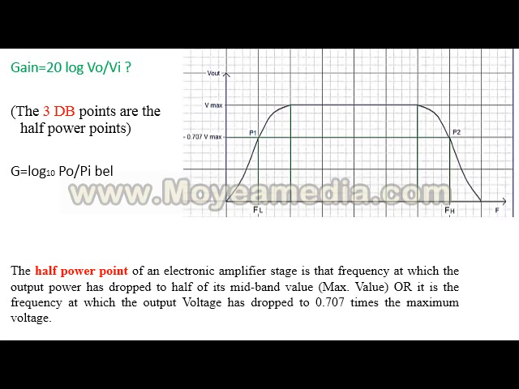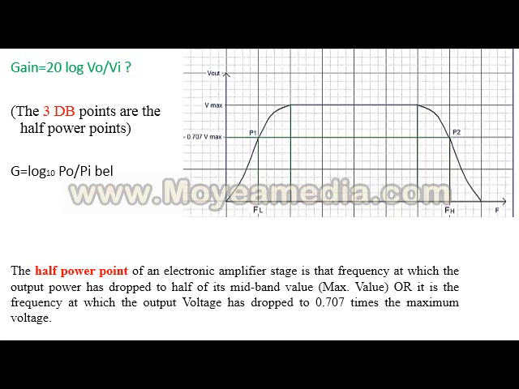That's why we have to consider the equation of gain equal to log Pout divided by Pin. So gain is a logarithmic unit, that's why log to the base 10 is included here. Pout is the output power and Pin is the input power.